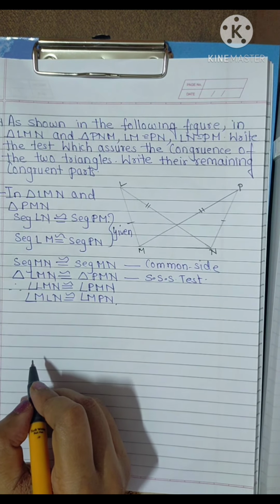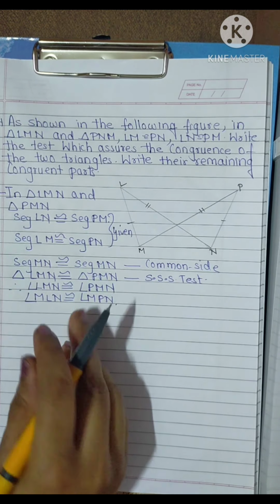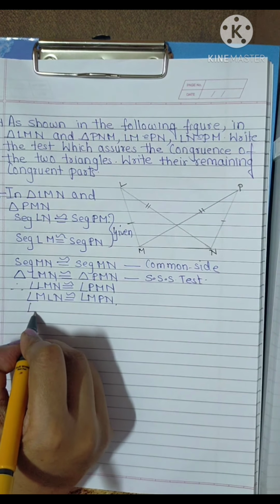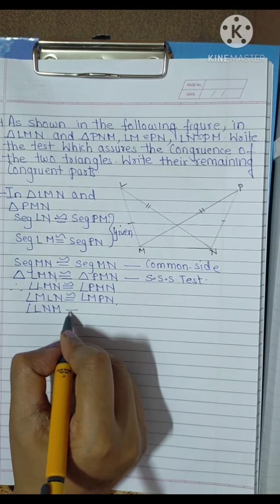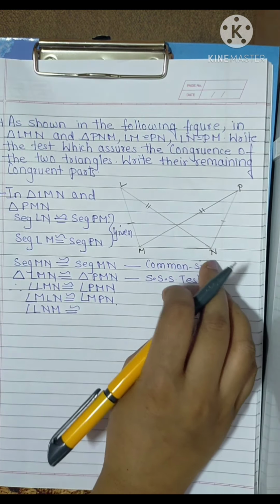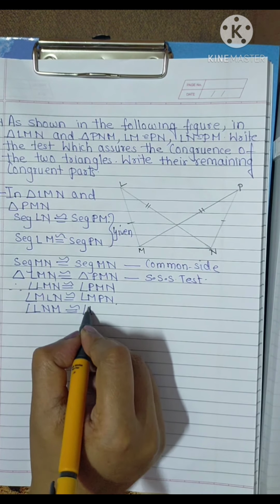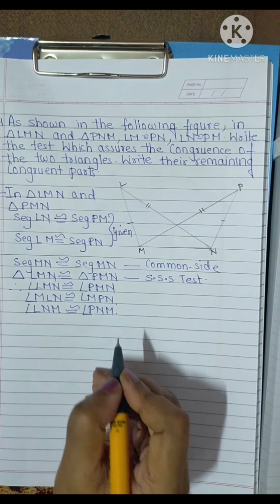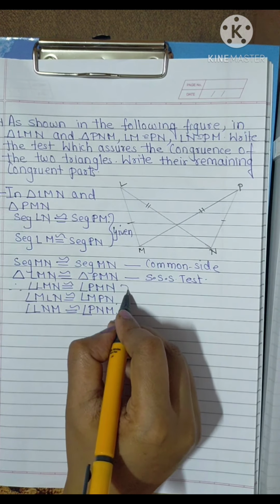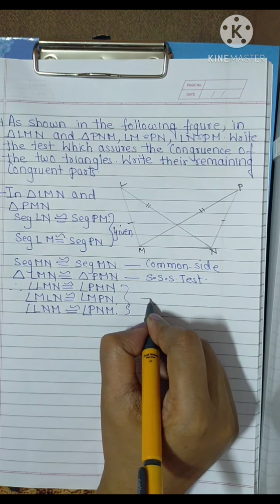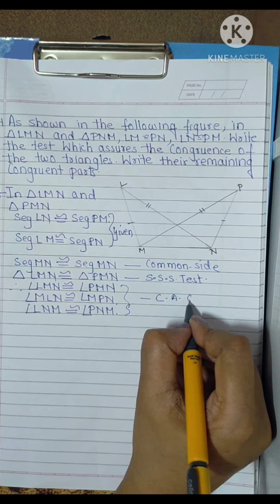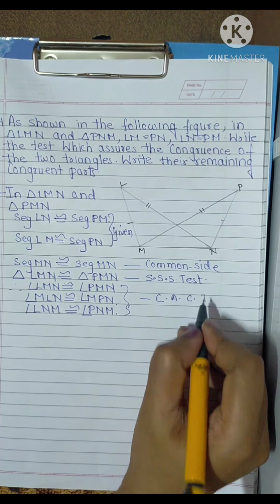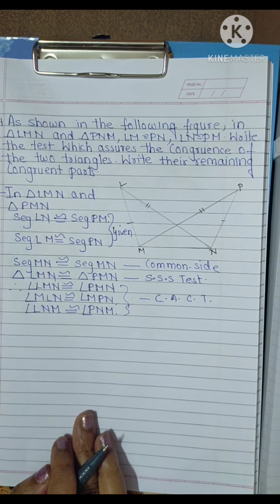Okay, now again angle LNM is congruent to angle PNM. The condition is corresponding angles of congruent triangles.